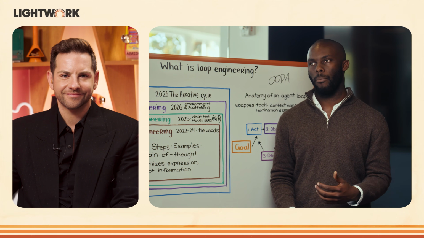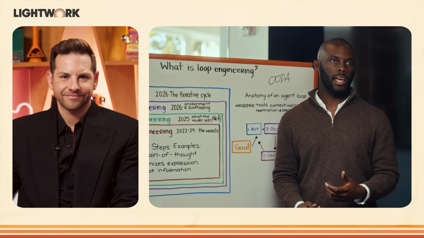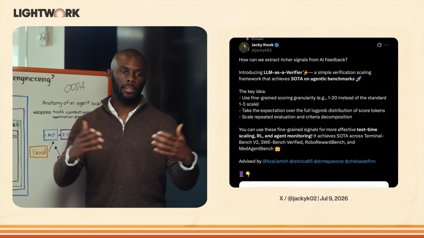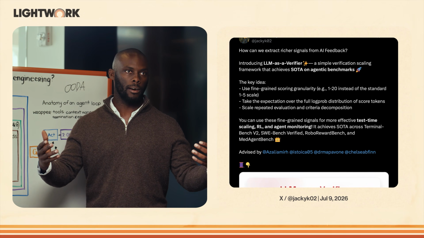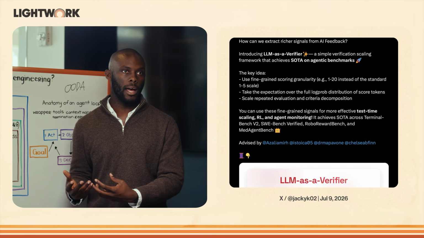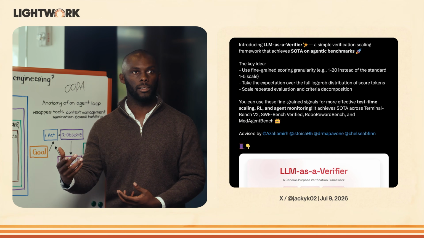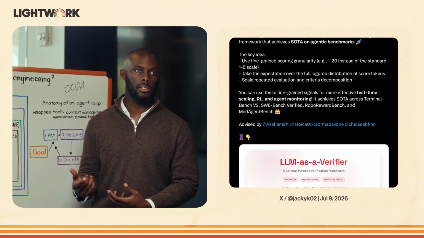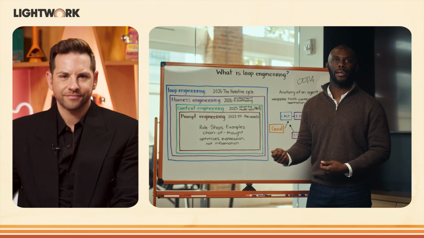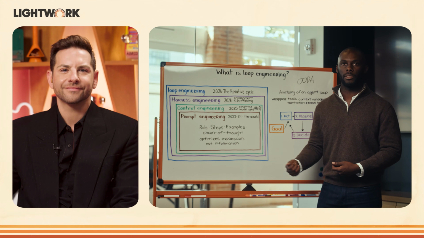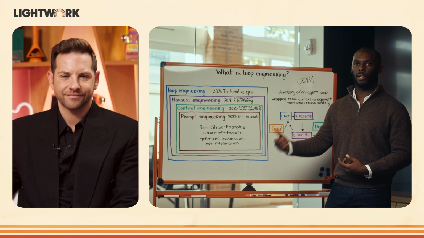In fact, there was a paper recently out of Stanford, a guy named Jackie Kwok, and the title is LLMs as a Verifier. And they talk through a framework for how to use LLMs as actually pretty good verifiers in certain contexts. It uses a decent amount of tokens, but it gets you to the outcome. And so I think that will continue to develop over time.